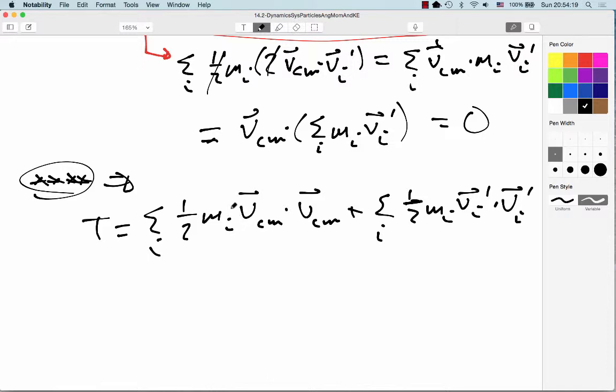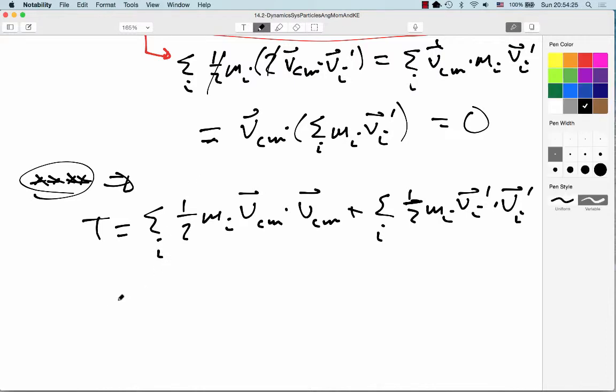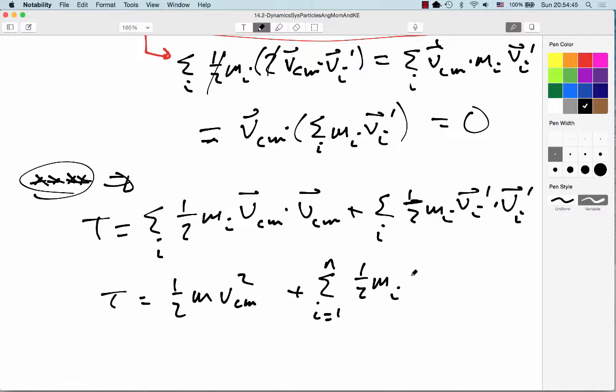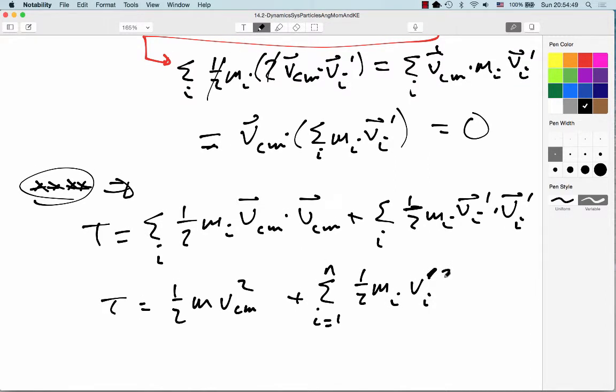So I'm left with a sum of mi, which is just m. So that'll be 1/2 m VCM squared. And then this is just going to be Vi prime squared, but the best thing to do is just say the sum from i equals 1 to n of 1/2 mi Vi prime squared.